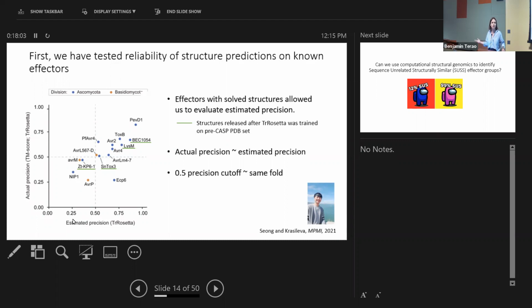To do any meaningful analysis. And what you can see is that we reproduced what was shown for these programs for benchmark sets of proteins, that estimated precision has a linear correlation with the actual precision. So we could trust estimated precision scores well enough to exclude poor models and then only take forward our analysis on models that we think would be relatively good enough. Okay.